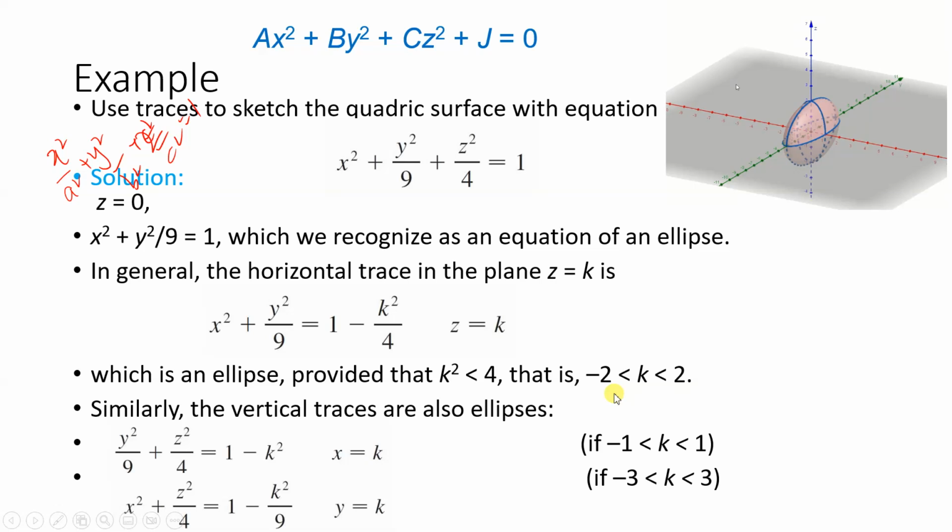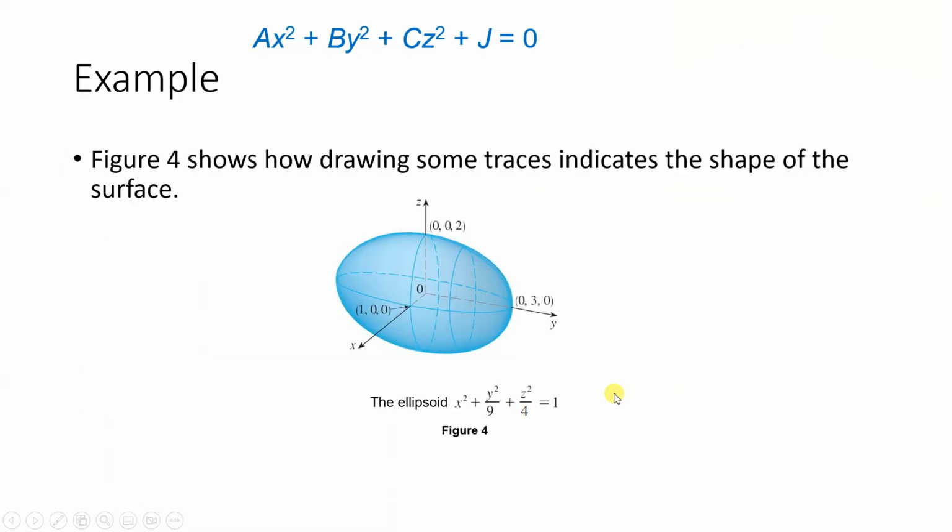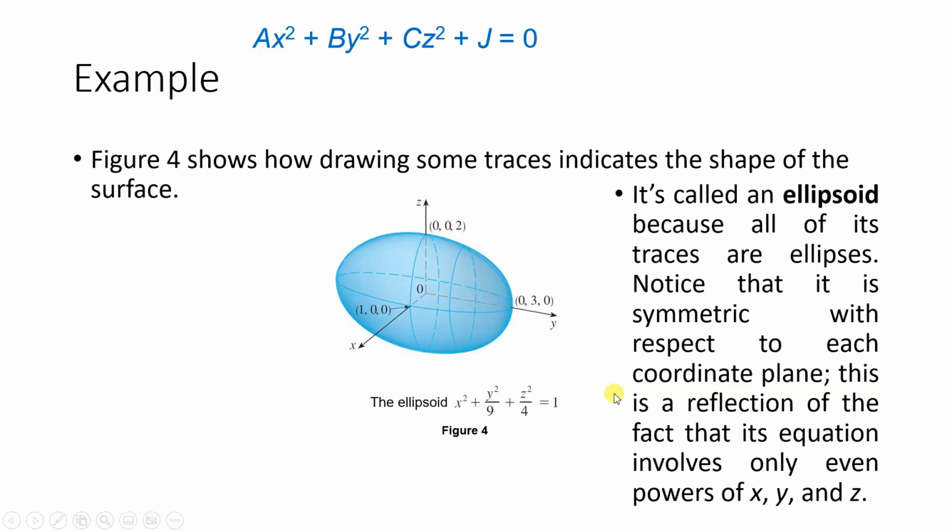So consequently, we have this type of surface, as you can see. Have a close look at this figure, and this is known as an ellipsoid. All the traces of this surface are ellipses.